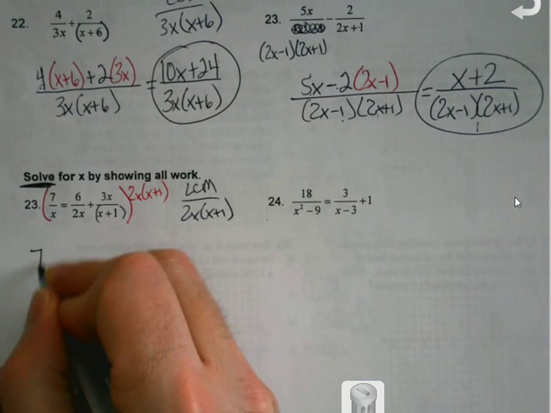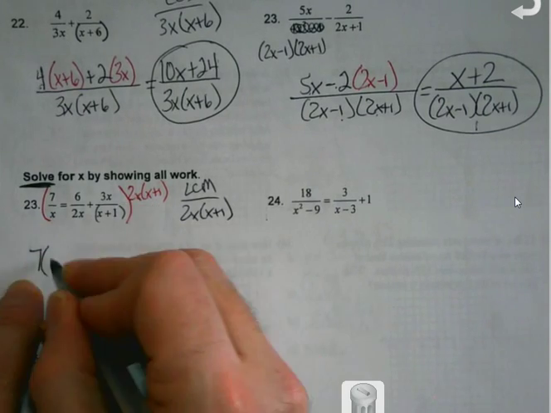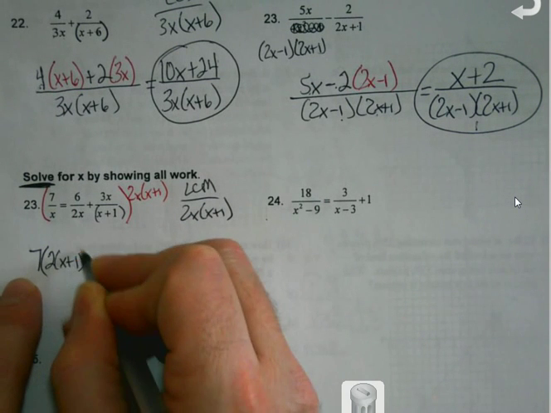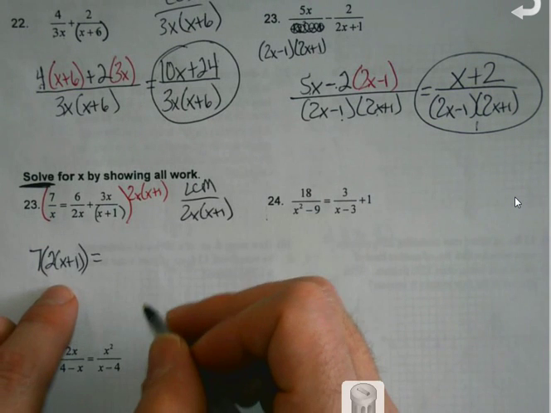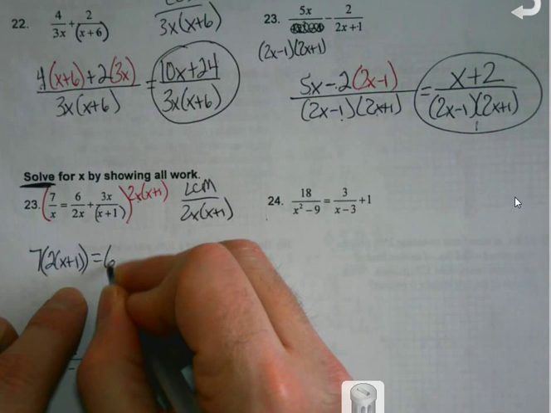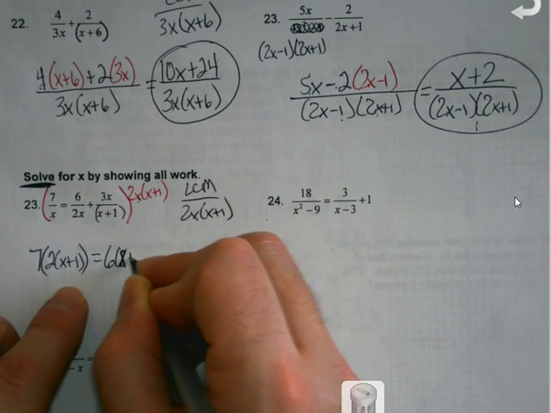So I've got 7 times, I've got the x here, so I've got 2 times x plus 1. We'll come back to that. In retrospect, I wish I had just made it 14 right away. Here, the 2 x's will go away. So I've got just the x plus 1.